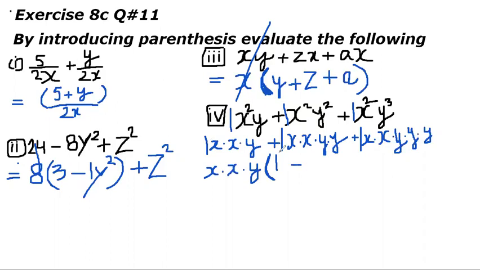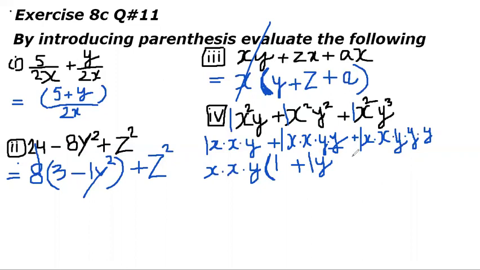Plus, in the second term, first x, second x and first y are common, which will be written outside, and only this y, which is not common, will be written inside the parentheses, and you can write 1y.